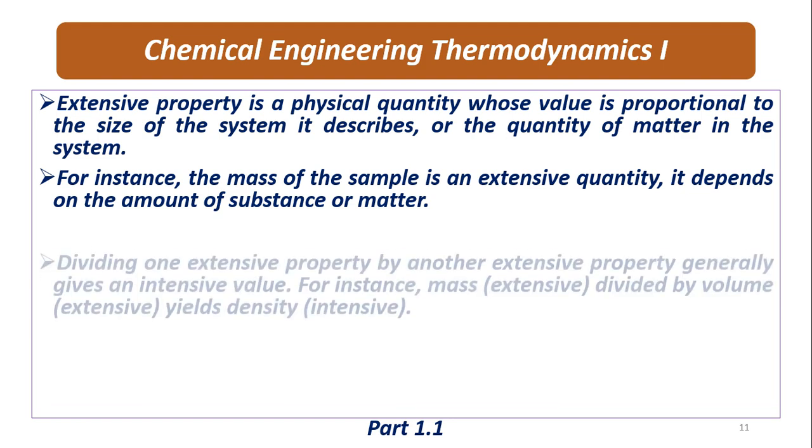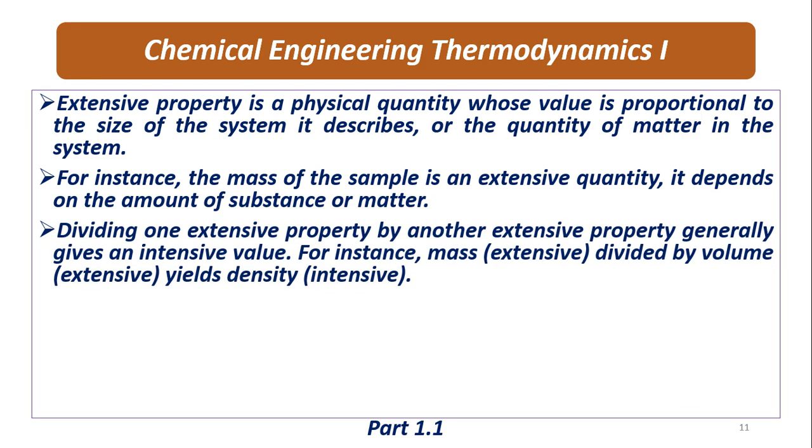Dividing one extensive property by another extensive property generally gives an intensive value. For example, mass, which is extensive, divided by volume, which is extensive, yields density. So density is considered an intensive property.